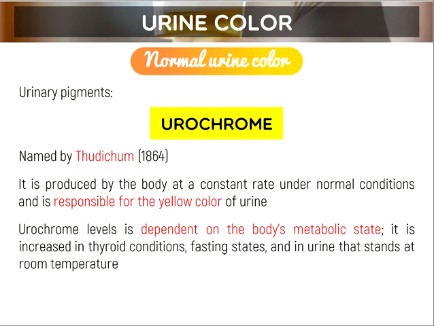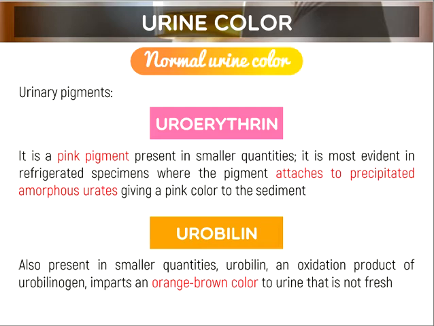Urochrome levels depend on the body's metabolic state. It is increased in thyroid conditions, fasting states, and in urine that stands at room temperature. Next, we have uroerythrin, or the pink pigment. Refrigerated specimens usually have a lot of amorphous urates.